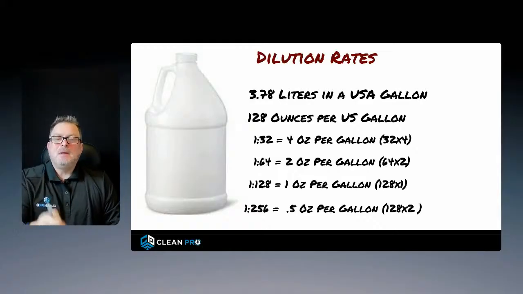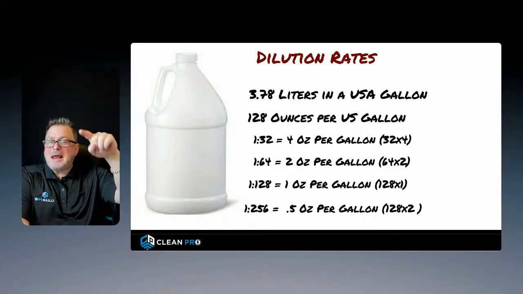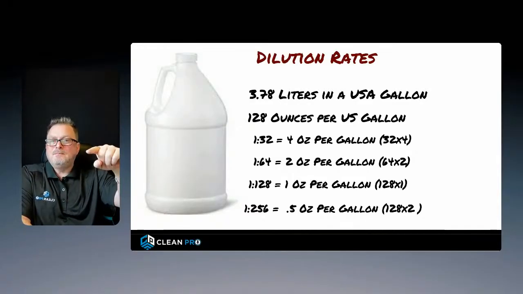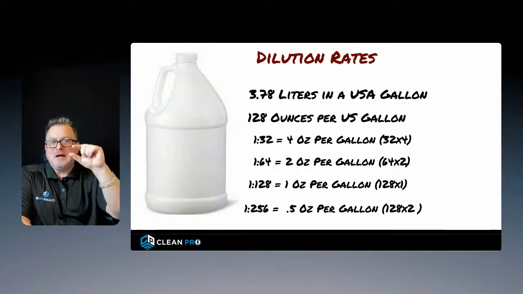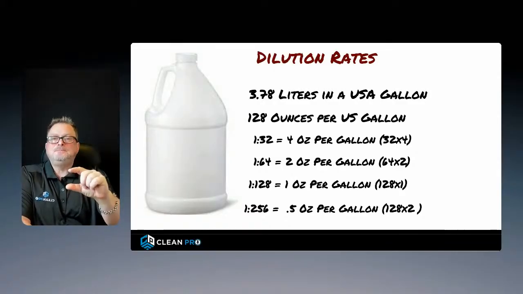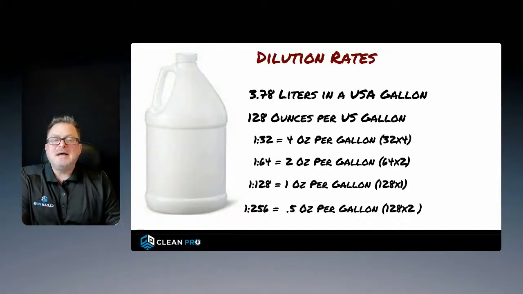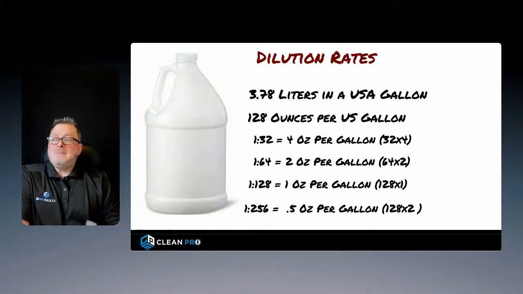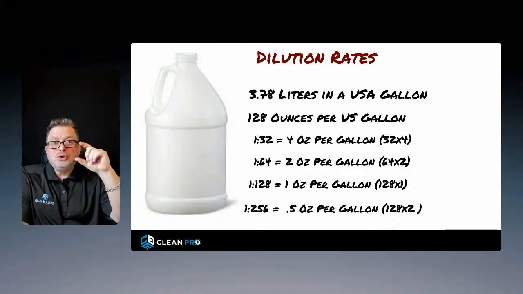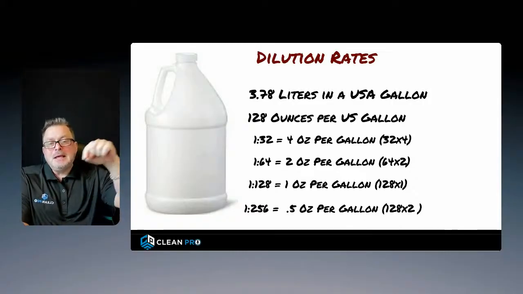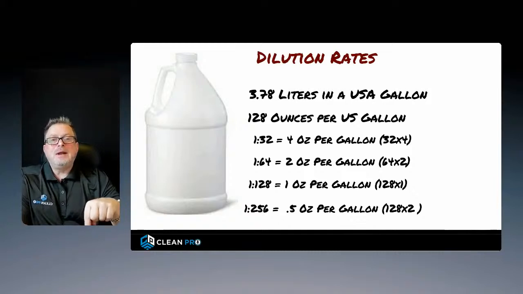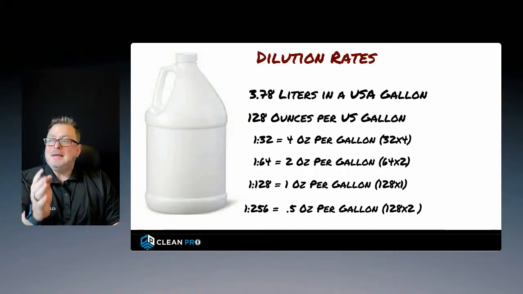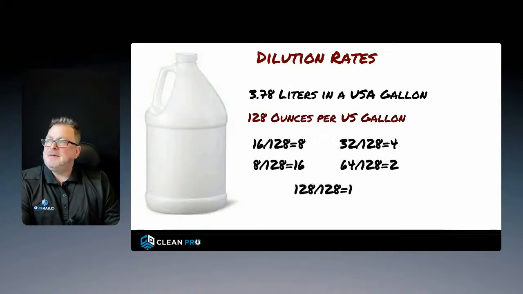It means for 128 ounces of water, you need 1 ounce of this particular chemical. When someone says the dilution rate is 1 to 64, what that means is it's 2 ounces of product into 128 ounces of water. And the easiest way to think of that is like this.